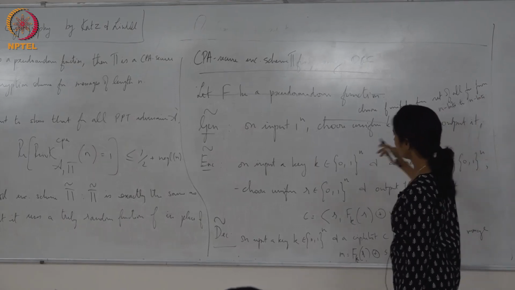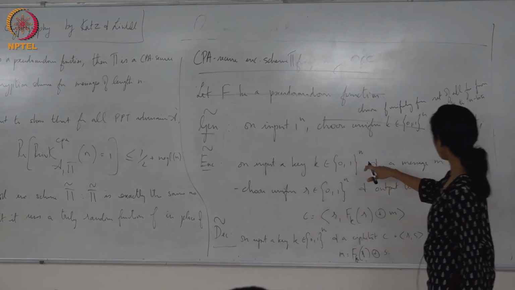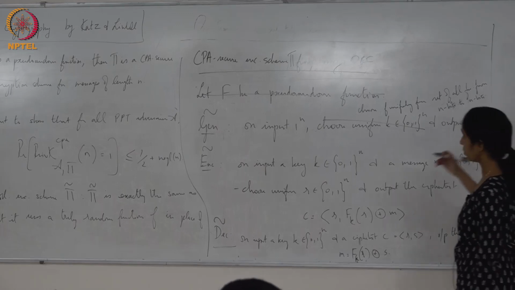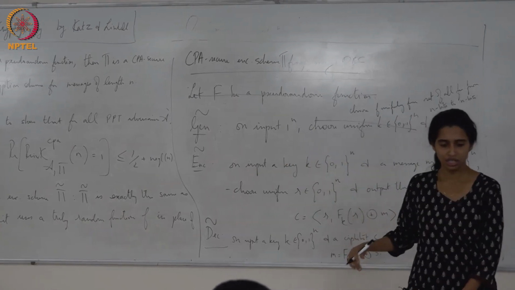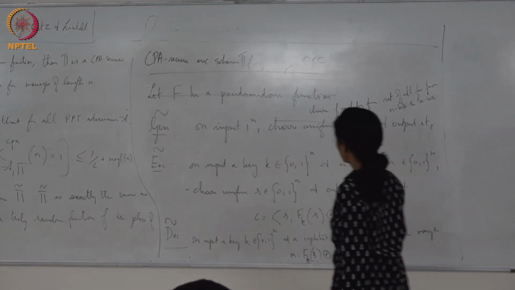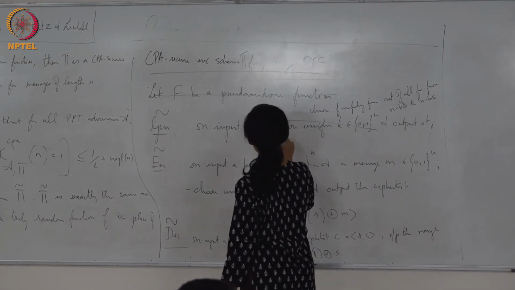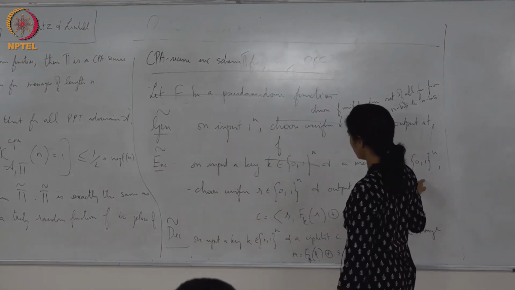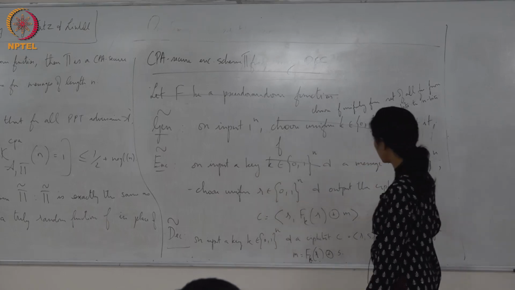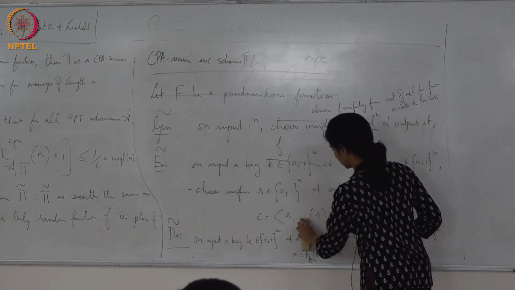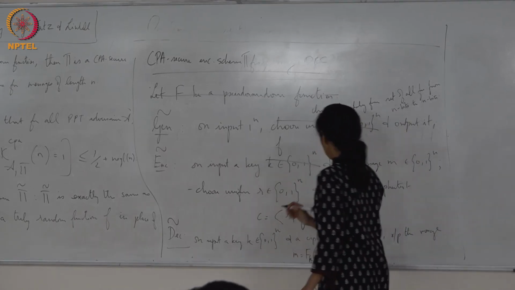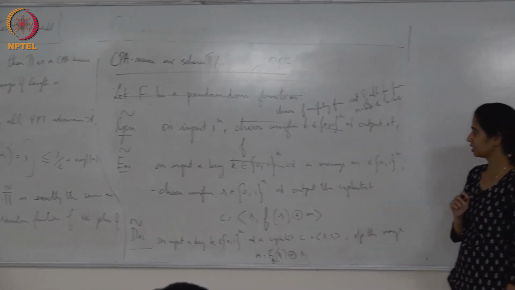Okay, and then on input a key k and a message, not a key k, so there is no longer a key k in this setting. So on input, I guess, the key f and a message m, choose uniform r and output the ciphertext r comma f(r) XOR m.